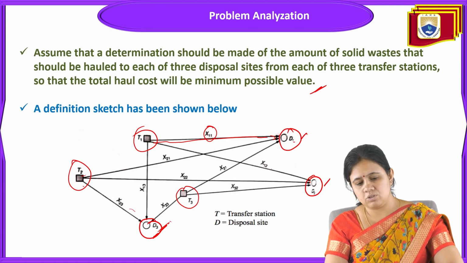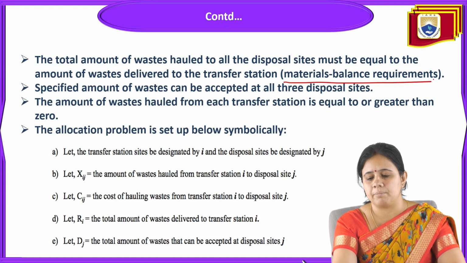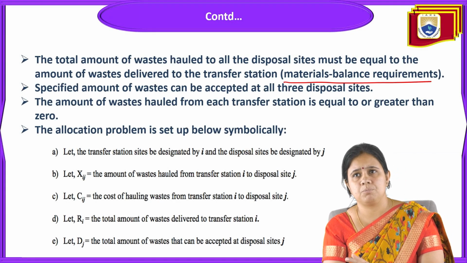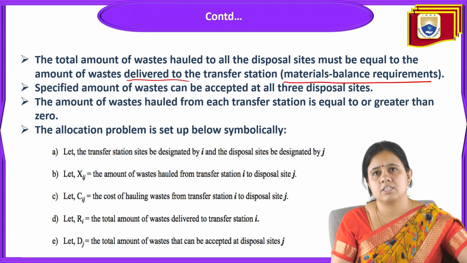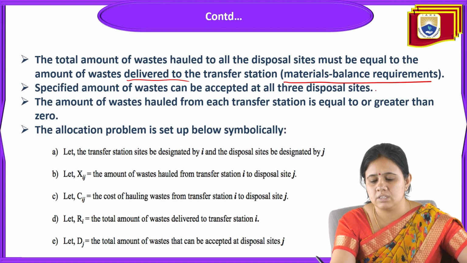First of all, the total amount of waste hauled to all the disposal sites must be equal to the amount of waste delivered at the transfer stations. This is the material mass balance requirement. The next point is that a specified amount of waste can be accepted at the three disposal sites.